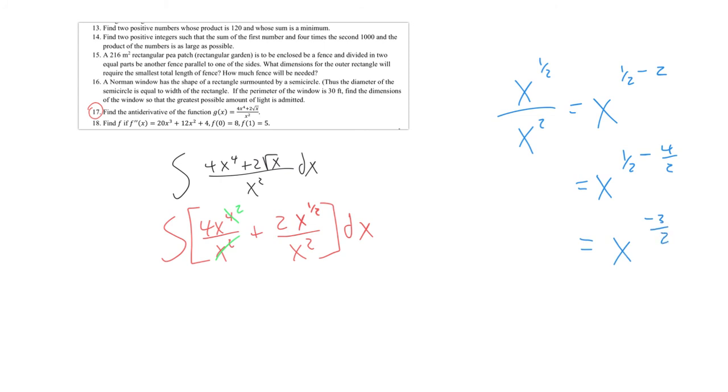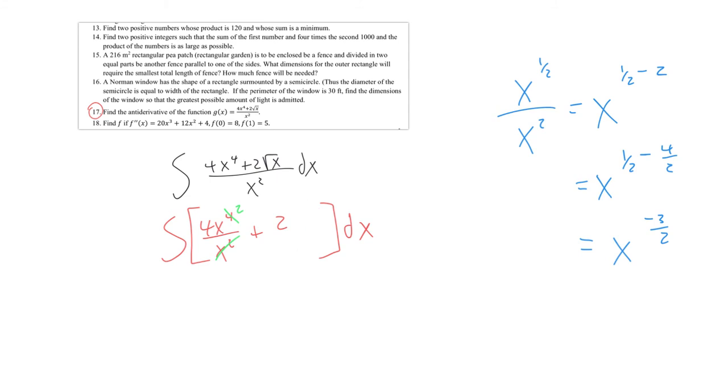So ultimately, this is going to be 2 times this quotient here. And the quotient we just discovered is x to the negative 3 over 2. Now, I'm going to rewrite it that way, actually. And I think that's going to be helpful for the antiderivative part. So it's x to the negative 3 over 2.